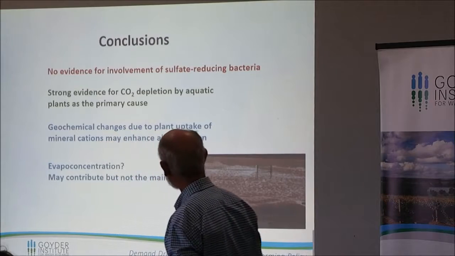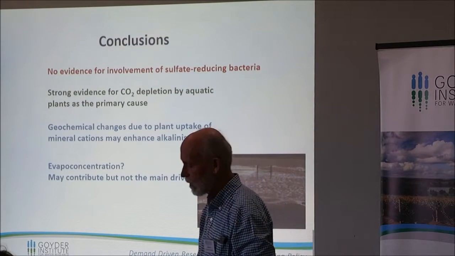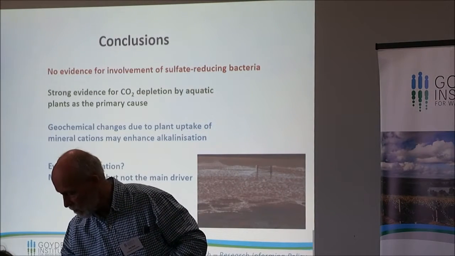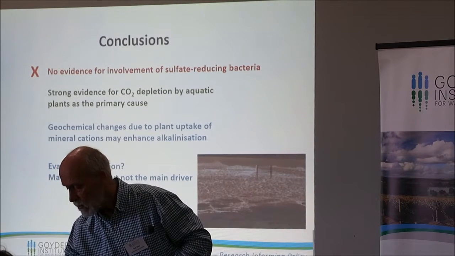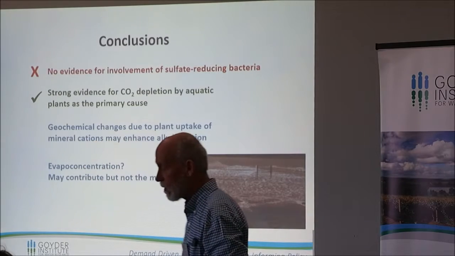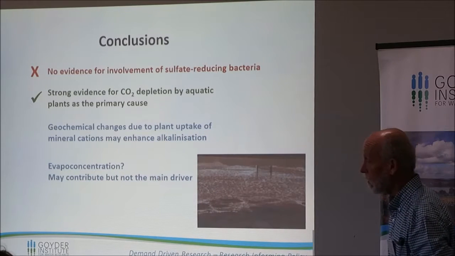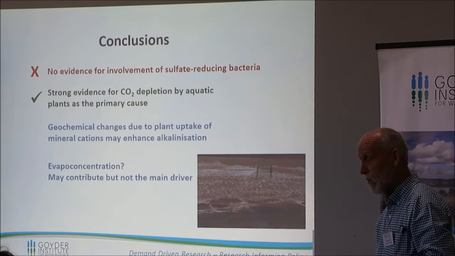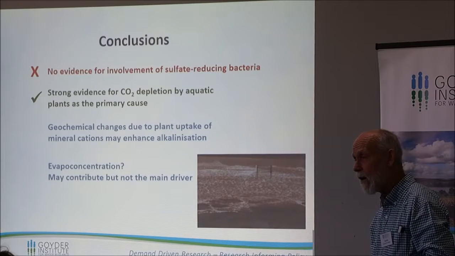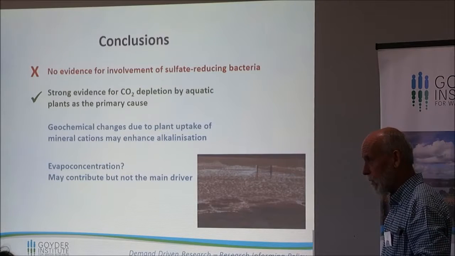So our conclusions from this are that we couldn't find any evidence for sulfur-reducing bacteria. We can eliminate that. There is strong evidence, and I think the strongest evidence, that carbon dioxide depletion by the aquatic plants is the primary cause, and the reason why the pH stays high is because it can't re-equilibrate.